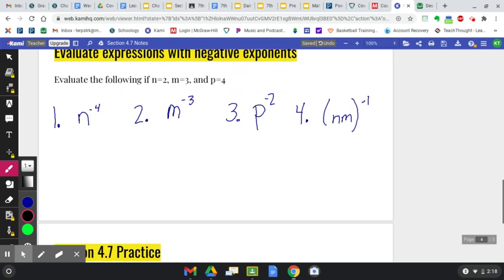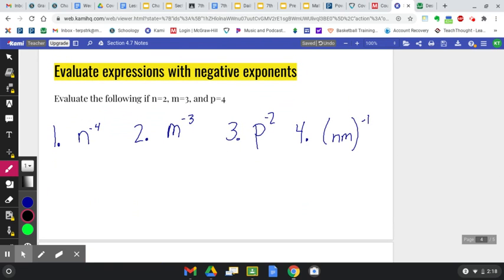All right, so let's look at some evaluate. It says evaluate the following, gives me values for each variable. So the first one, n, which is 2 to the negative fourth power. Okay, and I don't want to write it as a decimal. So I'm going to first change it to a positive exponent. So 1 over 2 to the fourth.